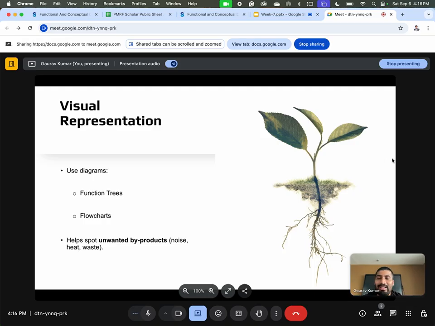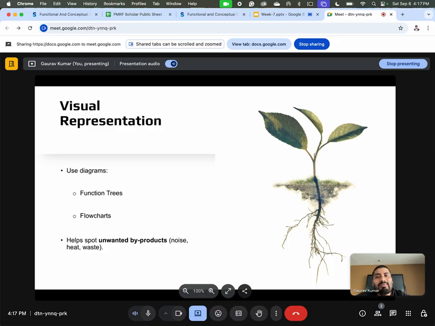Now moving to the next, visual representations. Okay. So to make functional structures understandable, we rely on visual tools. Okay, so function trees, flowcharts, and block diagrams are common ways to show how sub-functions connect and interact. So these diagrams provide a quick overview that is easier to digest than pages of text.